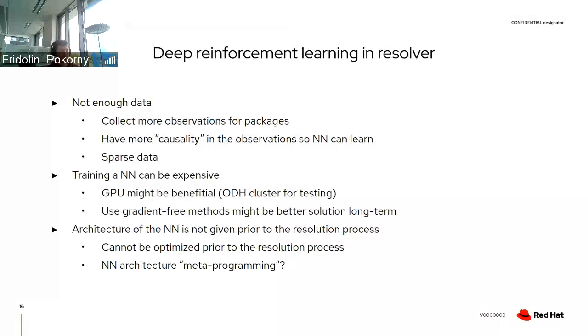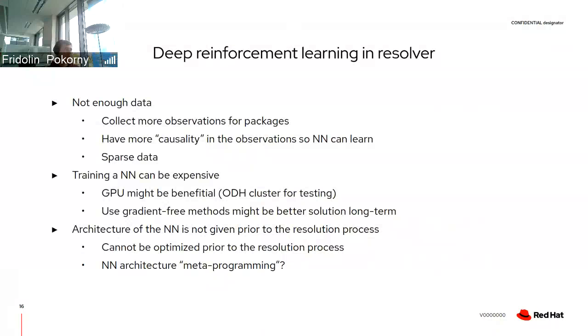Like if I have package X and I include Y, and there is some dependency between X and Y that affects my software stack, then a neural network will be a nice approach because it can learn, it can train on these patterns that can occur in the state space. Also, we have sparse data. A lot of times there are no changes in score. So if we collect more and more knowledge, then we would probably have better neural networks.